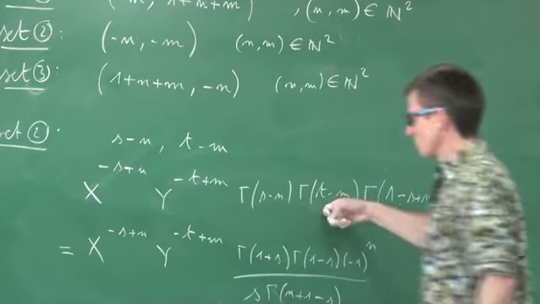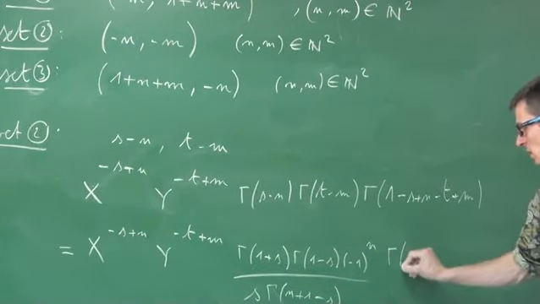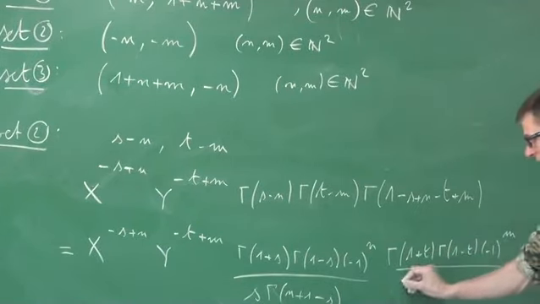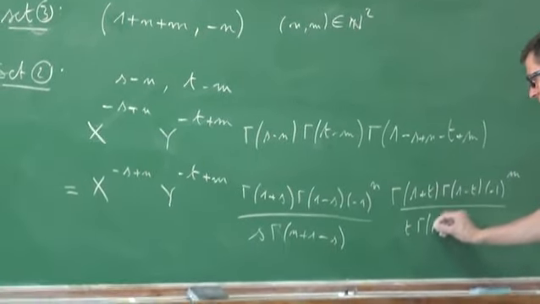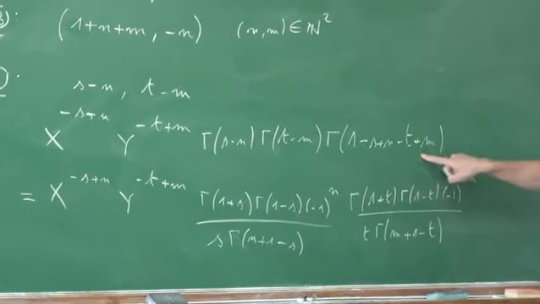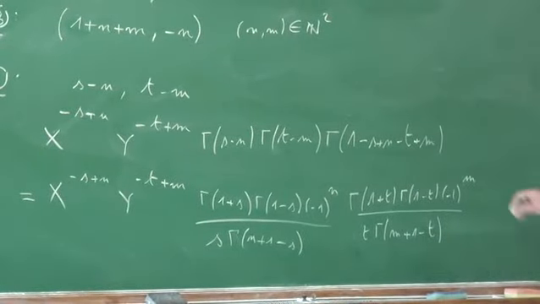We do the same for t: gamma of 1 plus t, gamma of 1 minus t, minus 1 to the power n, divided by t, gamma of n plus 1 minus t. And this one is non-singular. Stays like this, minus s minus t.